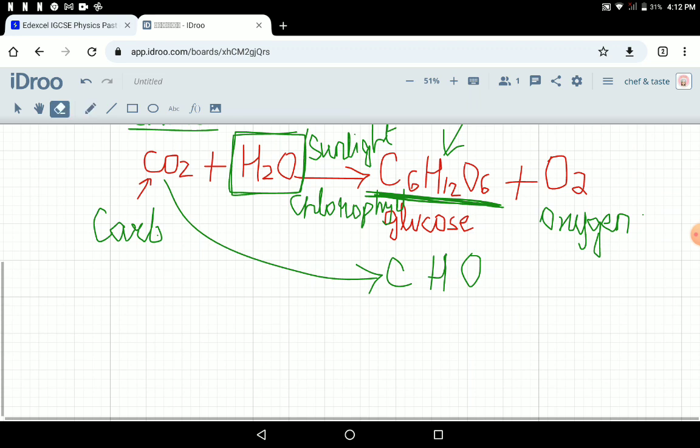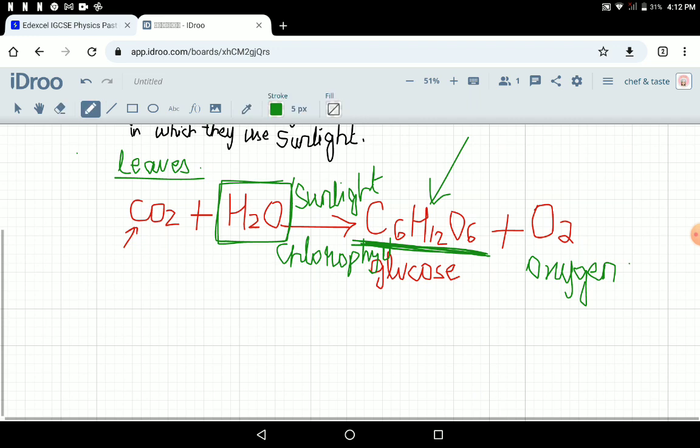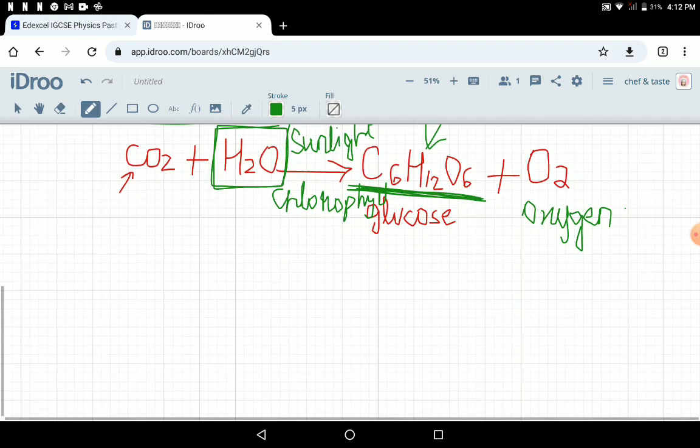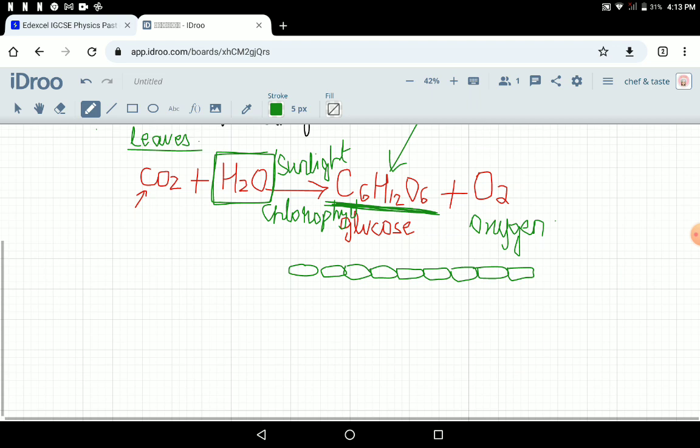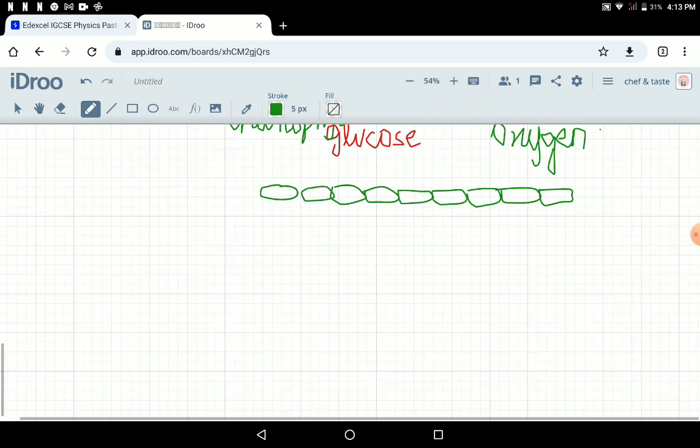Now we will discuss the different parts of the internal structure of the leaf. First of all, we will draw it. Epidermis cells are flattened cells, and these are the outermost cells. Usually they don't have spaces. Only if space is found between epidermis cells, it is a stoma.